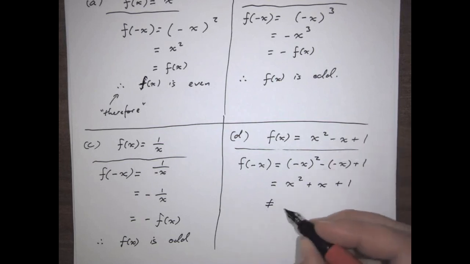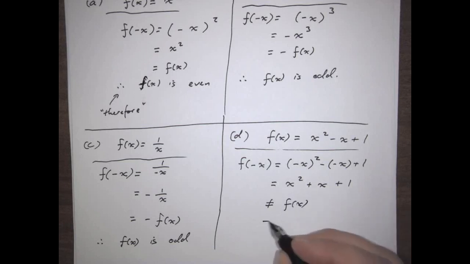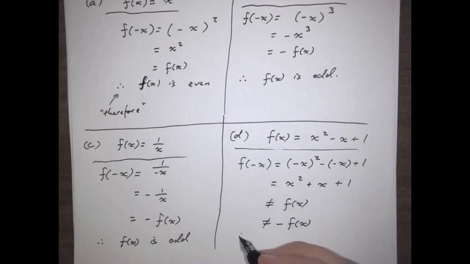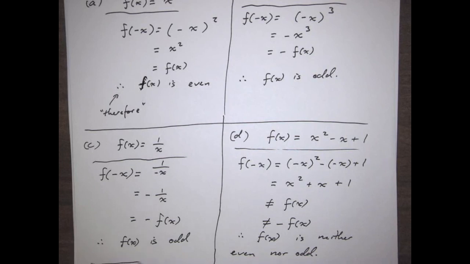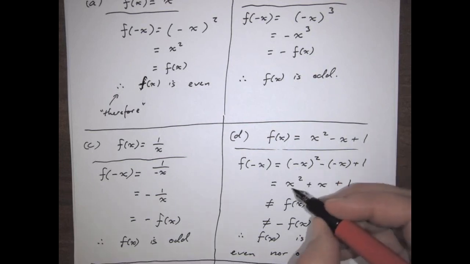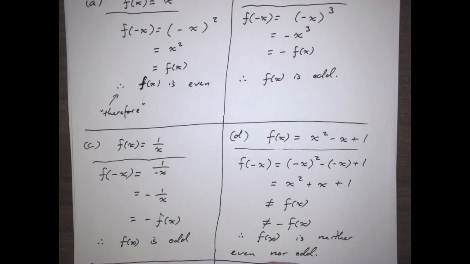So this is not the same as f of x, but it's also not the same as negative f of x. Therefore, f of x is neither even nor odd. And this is the main way the functions that are neither will come about, is that there'll be combinations of functions, part of which will be even, part of which will be odd.